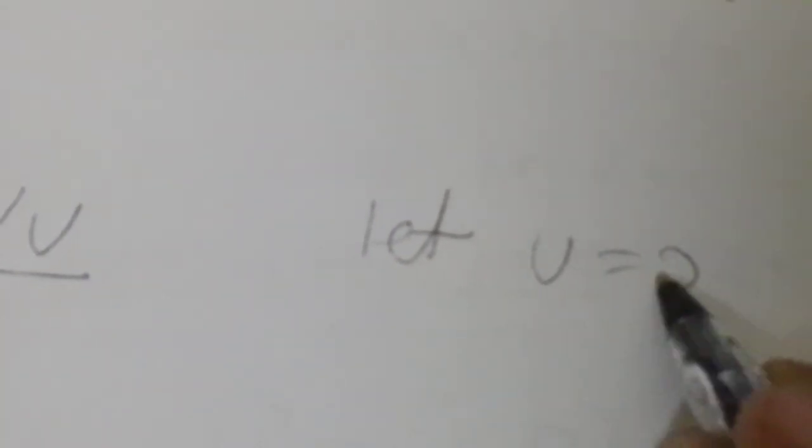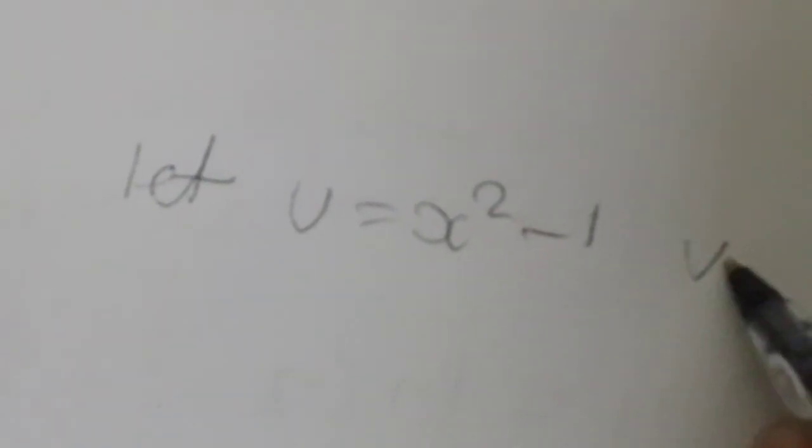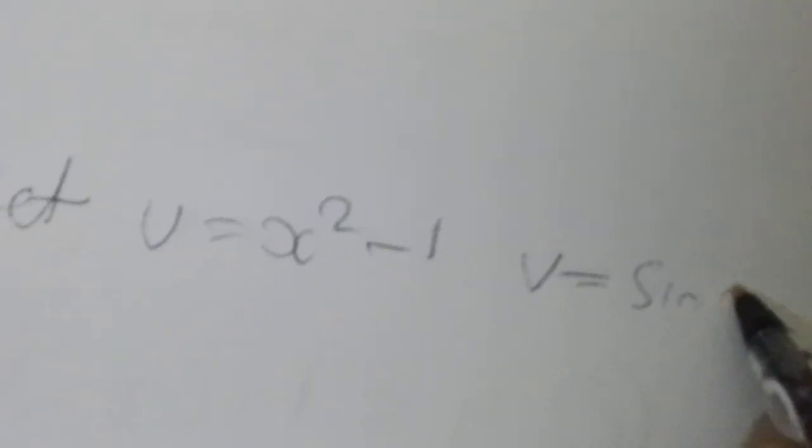Then now let's identify what we have. The numerator is always u. So u is equal to x squared minus 1. Then v is equal to sine x.